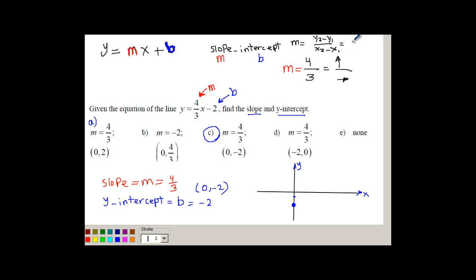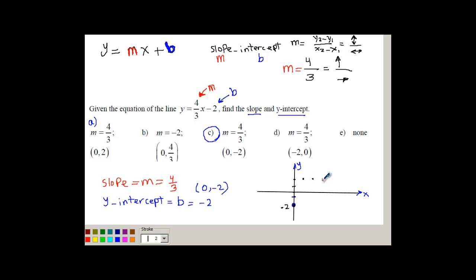So this would be the change in y over the change in x. Since both of these are positive, from this point here, -2, if you move 4 units up and 3 units to the right, you land on another point on the line.